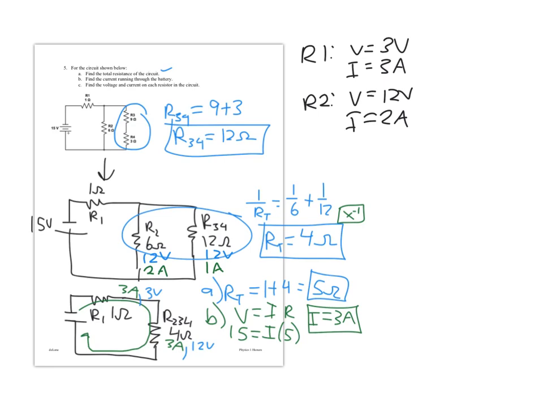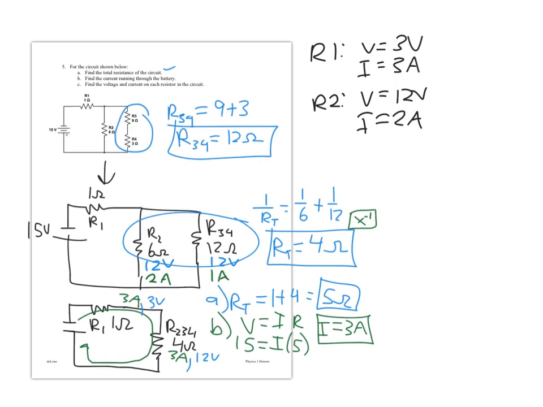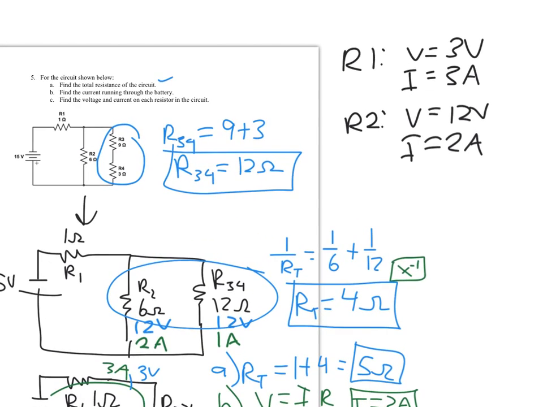And now I can step this back one further here and finish up and get R3 and R4. So R3 and R4 were connected in series here, which means that each one of them will get this full current of 1 amp. And from there, I can use Ohm's law, V equals IR, to get the voltage. So 1 times 3 gives me 3 volts. 1 times 9 gives me 9 volts.